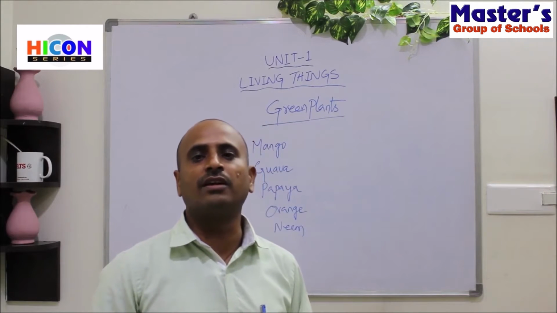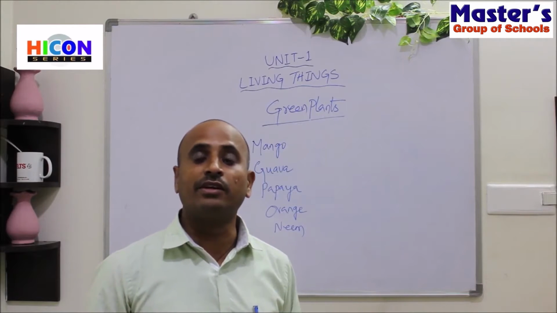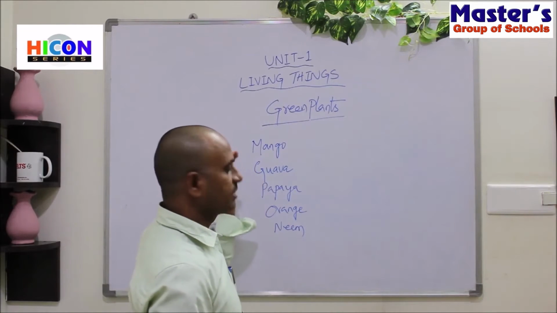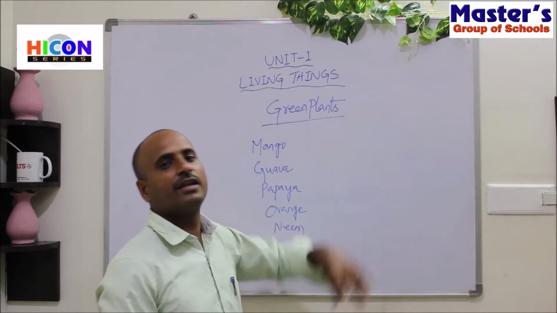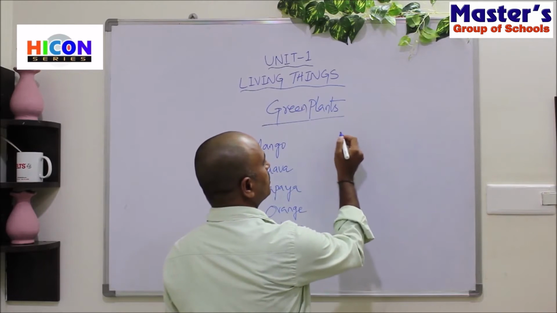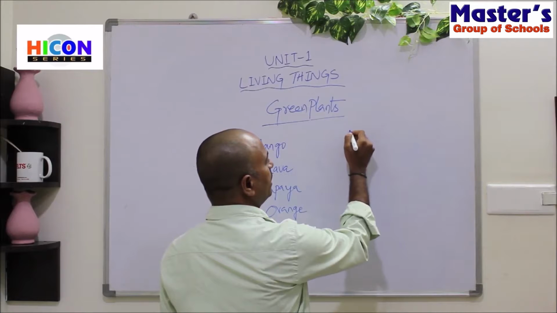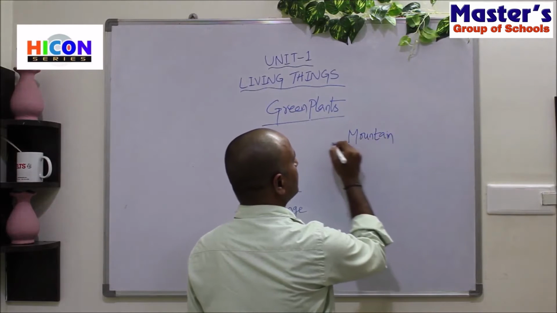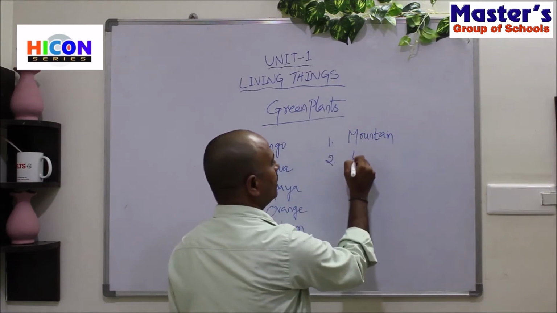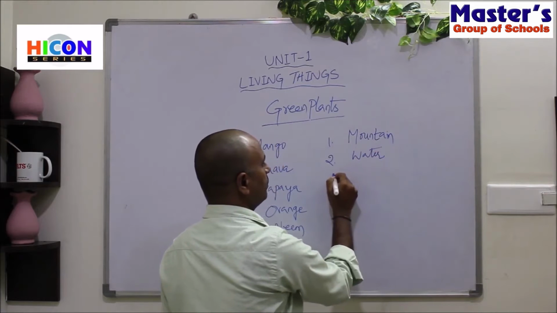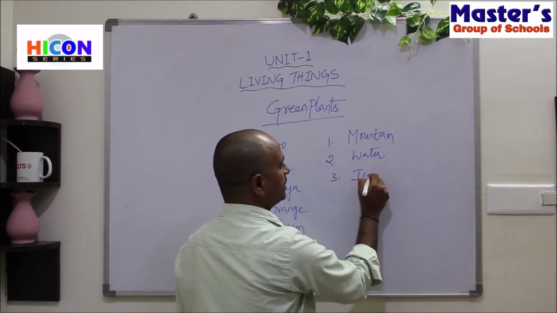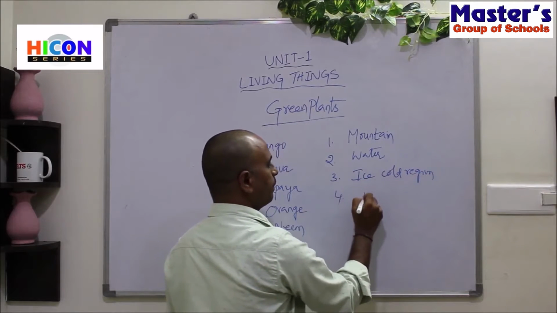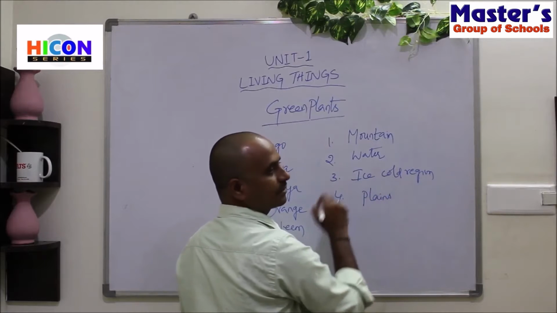Throughout the world there are different types of regions and different types of places. Some plants grow in some areas and some plants grow in other areas. For example, some plants grow in hill areas, that is, mountain areas, some plants grow in water, some plants grow in ice cold regions, and some plants grow in plain areas, that means in plains.